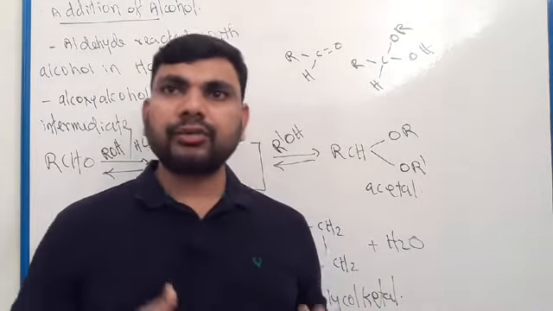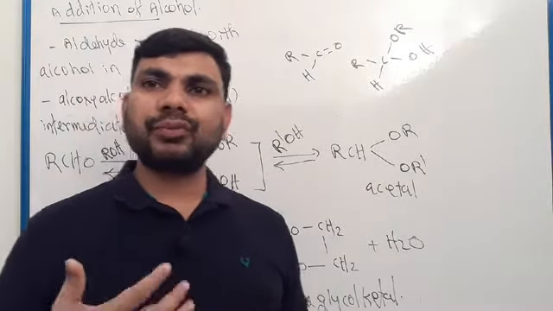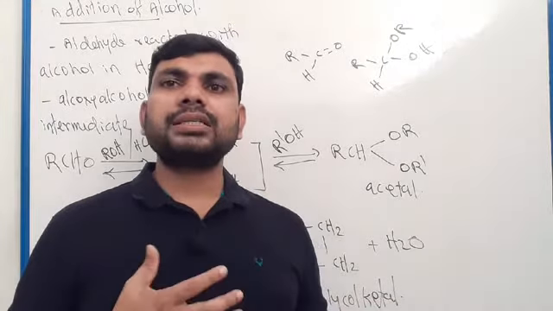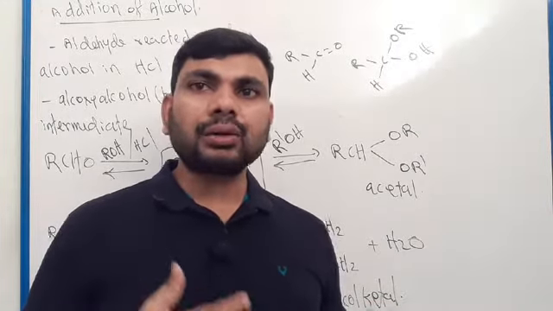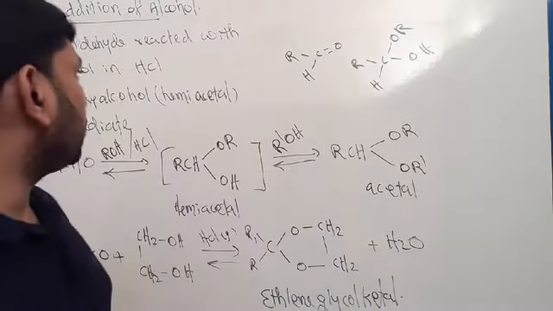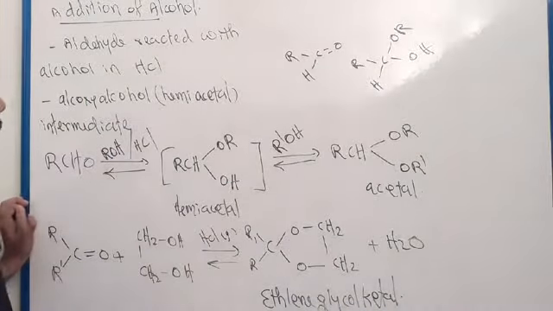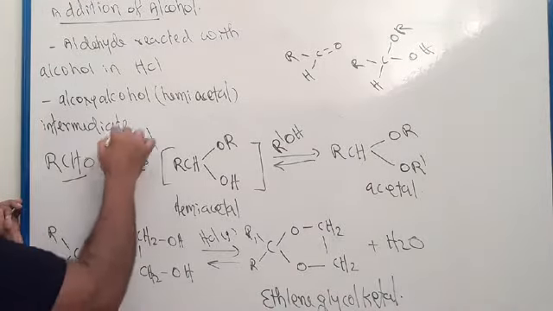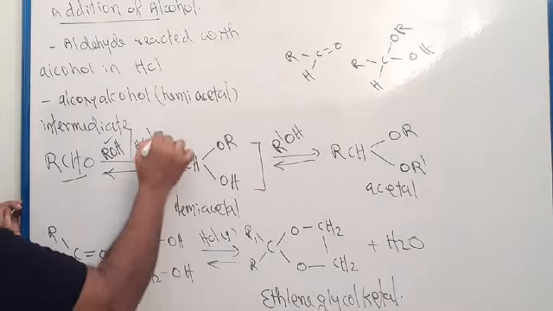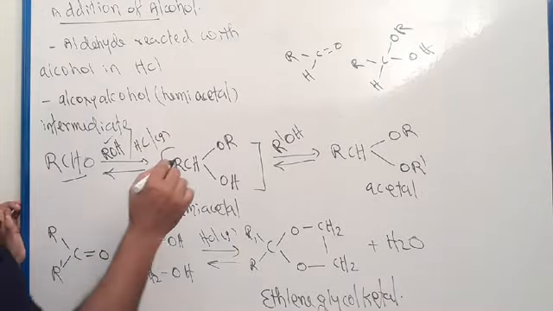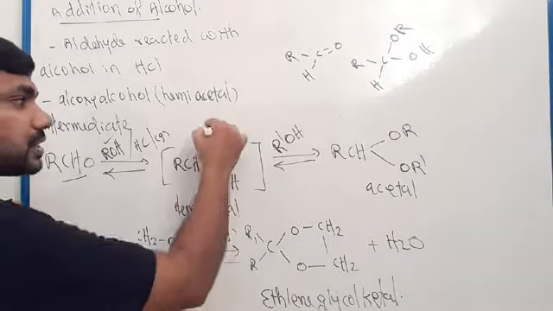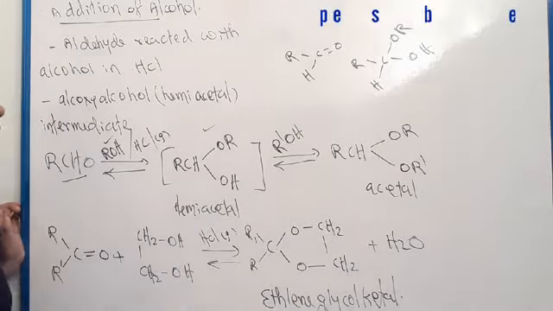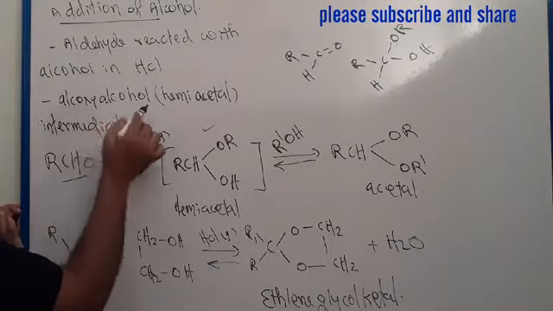When aldehyde reacts with alcohol in the presence of HCl, an intermediate product is formed, that is hemiacetal, or we can say alkoxy alcohol.